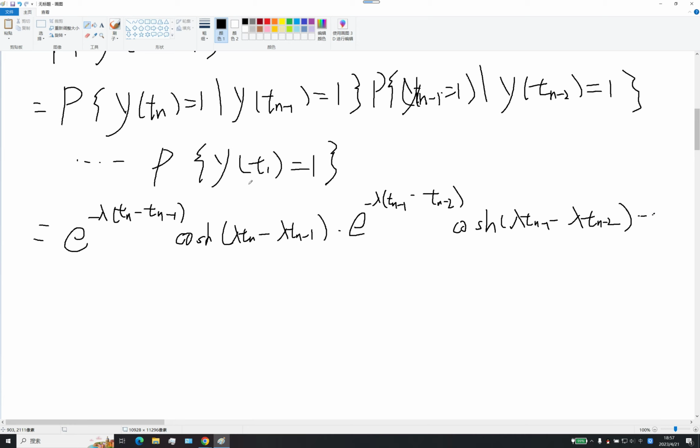And the last part, P(y(t1) = 1), is equal to 1/2.